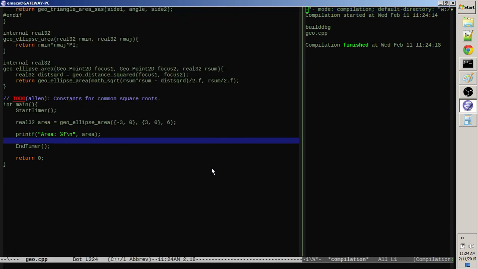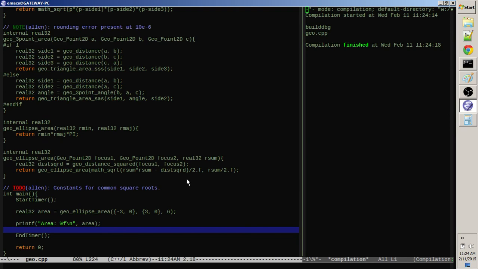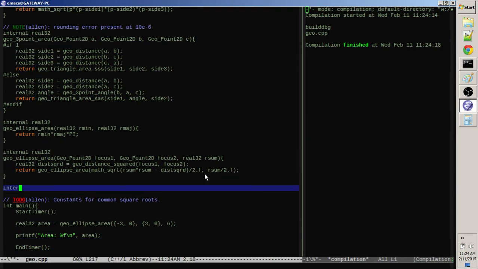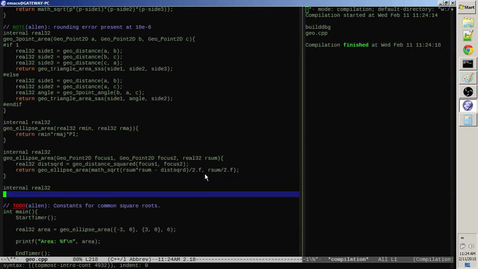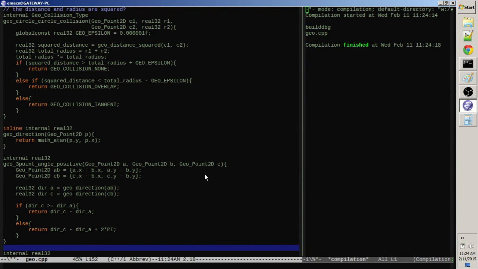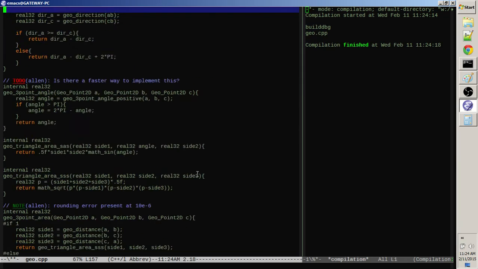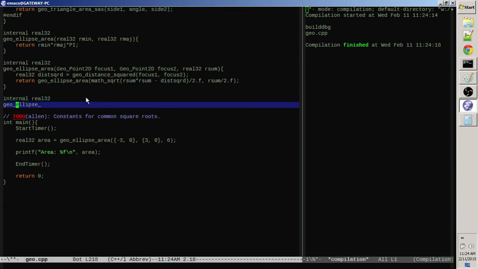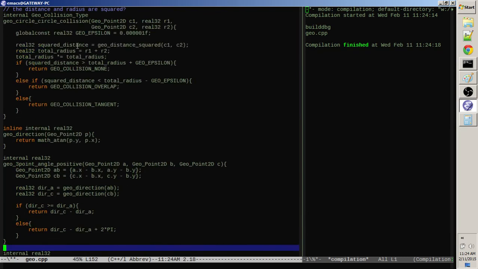Alright, one last thing we can try to get started today, and that's a point inside an ellipse. This isn't too hard. To figure out if a point is inside of an ellipse, there's a few ways you might think about doing it, but what was the name of this for the circle? Point in circle? Okay, so it's going to be point in ellipse. And for that, I want to use the same form as up here.